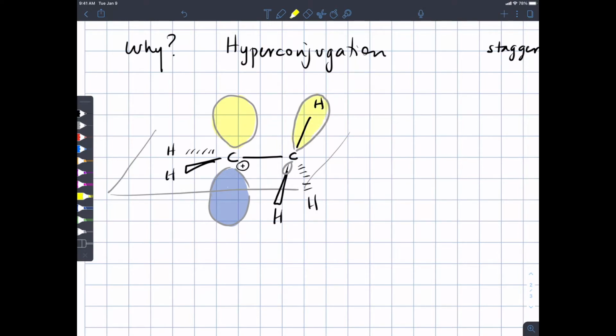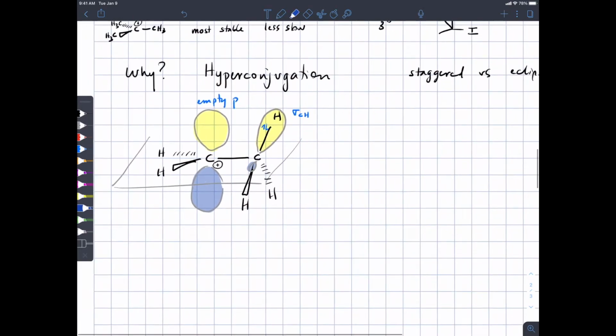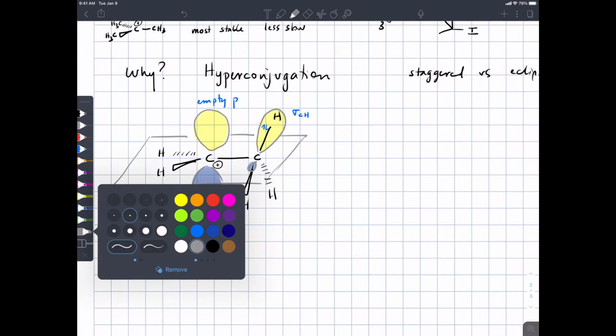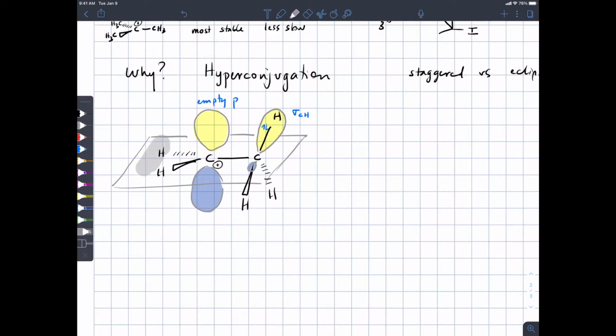And that filled sigma bond, carbon-hydrogen sigma bond, can line up with the empty p orbital, be eclipsed with the empty p orbital, as it were. And when that happens, they can mix together to form new molecular orbitals.